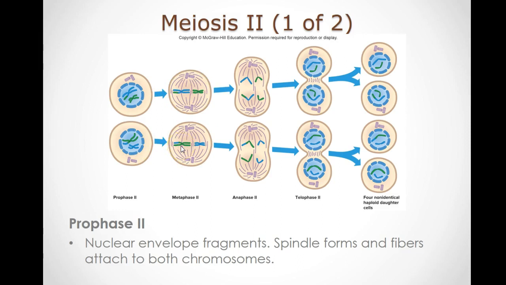Because we're still attached to that duplicated material lining up at the equator. We separate those in anaphase 2. In telophase 2, we create those nuclear envelopes around our genetic material again, and then after cytokinesis, we end up with 4 haploid cells. Haploid meaning, again, they have half as much genetic information.